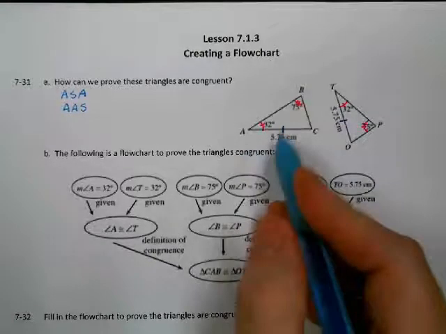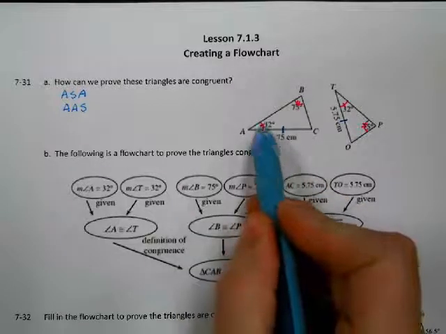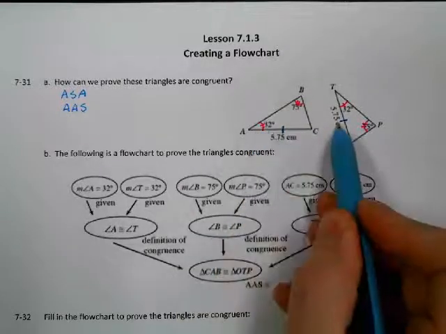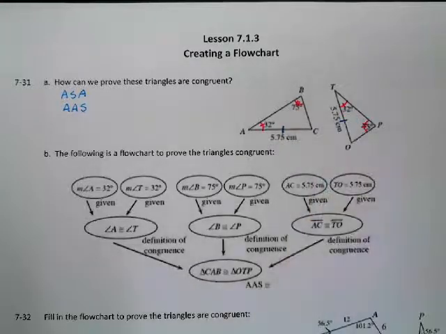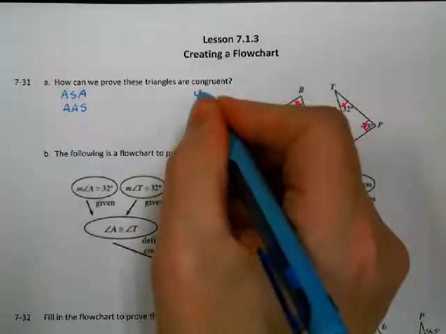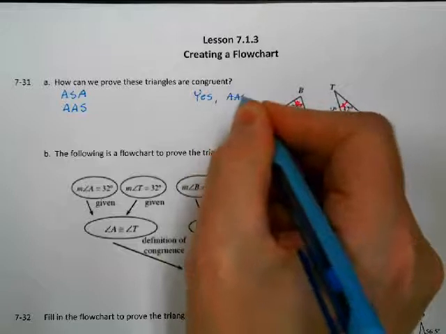What we want to double check is that this 5.75 is touching this 32-degree angle. We want to make sure that it's also doing that over here. And 5.75 is touching the 32-degree angle. Okay, so we have two congruent angles and a non-included side. Yes, they're proven congruent because we have angle angle side.